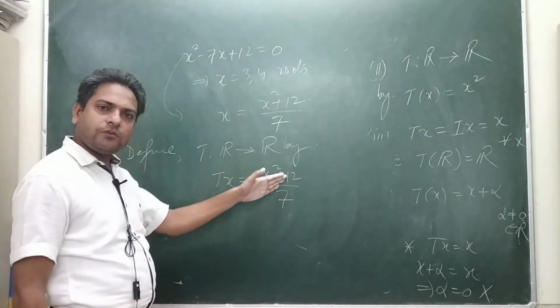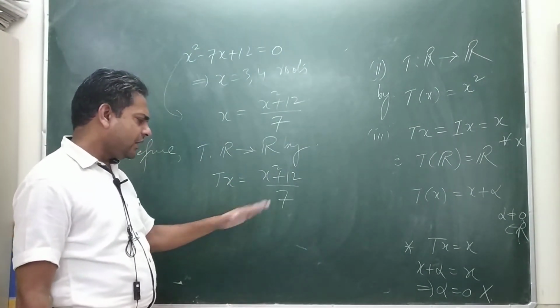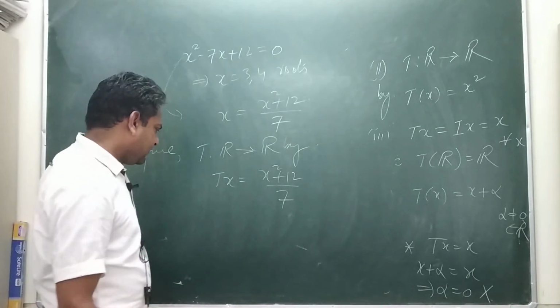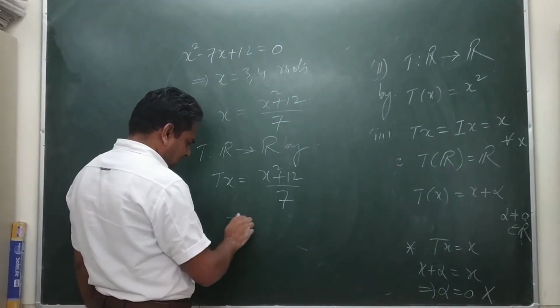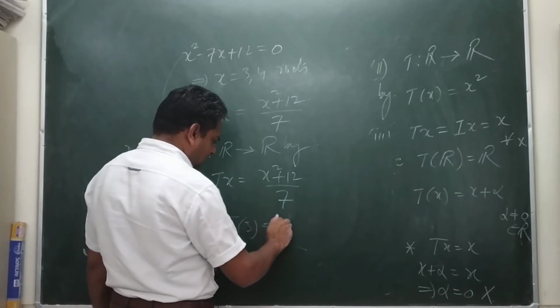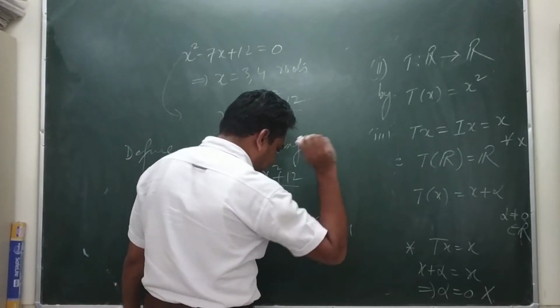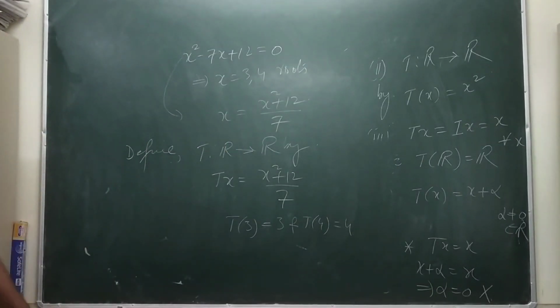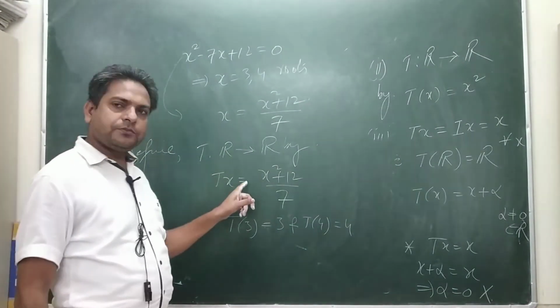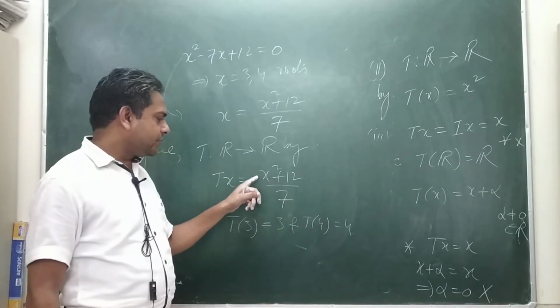And now we can easily verify that T of 3 equals 3 and T of 4 equals 4. It means 3 is a fixed point of this operator and 4 is also a fixed point of this operator.